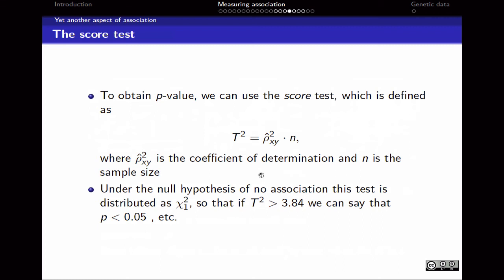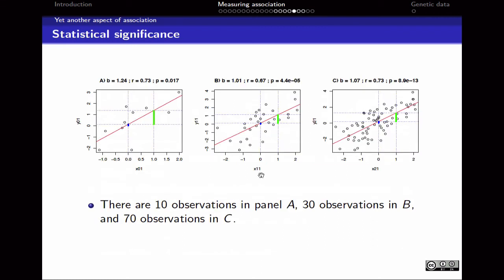Under the null hypothesis of no association, this test is distributed as chi-square with 1 degree of freedom. And for this distribution, you know many things. For example, if you obtain a value of t-squared more than 3.84, you can say that the p-value is less than 5%. So nominally, you would consider this a significant result.